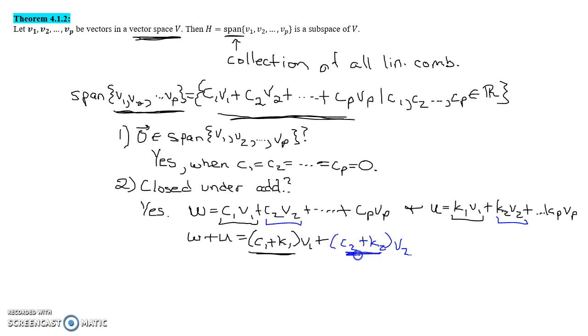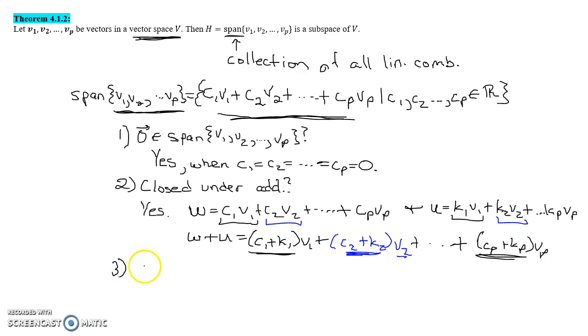Again, we've got some scalar multiple of v2. You could do this for all of the vectors, v1 through vp, on down to cp plus kp times vp. And so yes, it is closed under addition. You take any sum of any two linear combinations of these vectors, and you're going to have a new linear combination of the vectors v1 through vp.